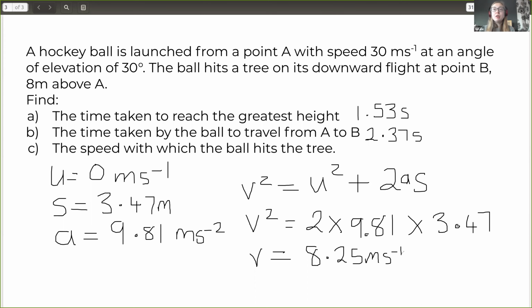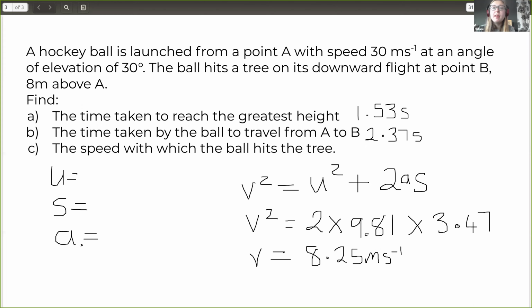Now, that's our vertical velocity. They want to know the velocity with which the ball actually hits the tree. And so what we can do is we can use a triangle to work that out. Now we know that the horizontal, we haven't used any horizontal motion yet. That's because it's going to come in here. The horizontal velocity hasn't changed.